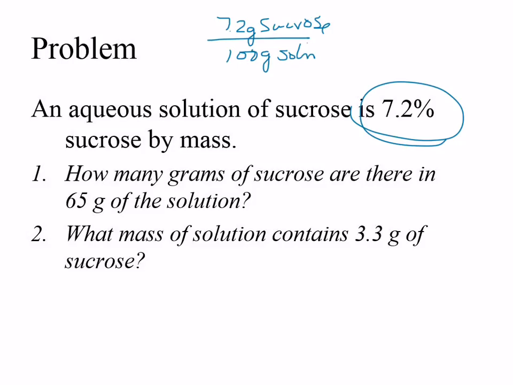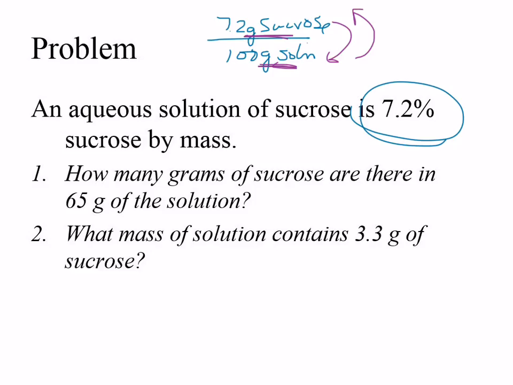So notice how I can use weight percent to go back and forth between these 2 units. That's exactly what these 2 problems are. If I have grams of sucrose, I can get to grams of solution. If I have grams of solution, I can get to grams of sucrose.